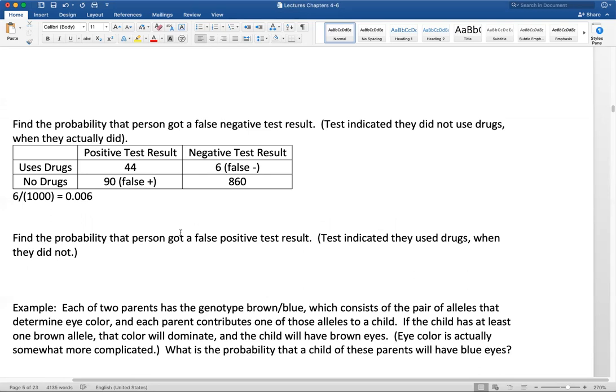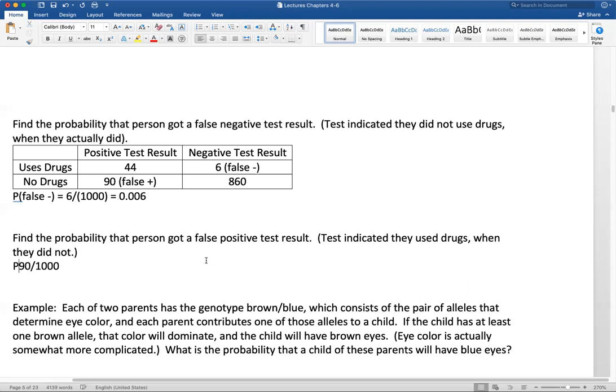And then what about this next question? Find the probability the person got a first positive test, which is this. So even though the person didn't use drugs, the test indicates that they did. So that's going to be 90 divided by 1000. Here is the probability of a false negative.